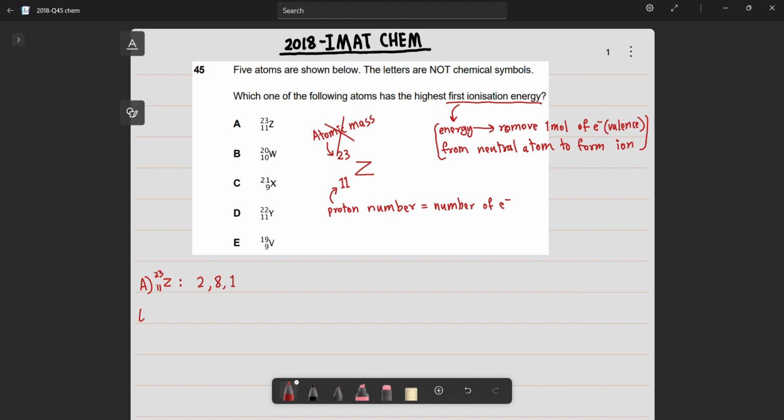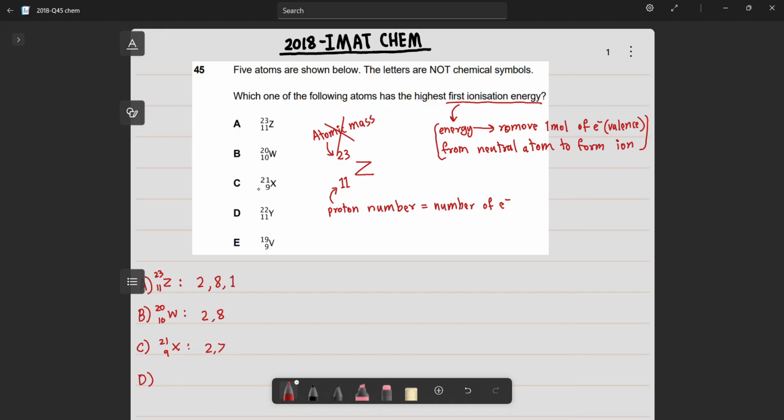And for B, which is W 20, 10, it's 2, 8. C is X 21 and 9. So this is 2, 7.